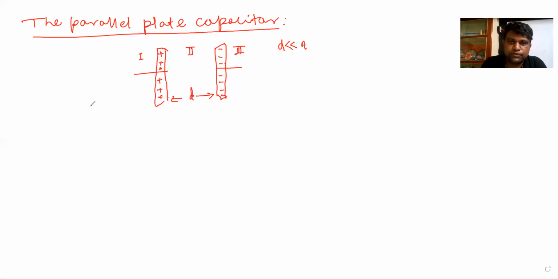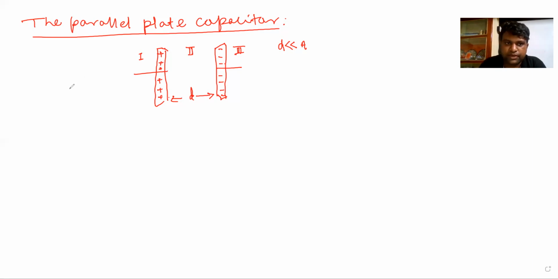So d is very small as compared to the area of the plate. So what we can do is use the result that we have derived from the concept of the electric field due to a charged plane sheet.